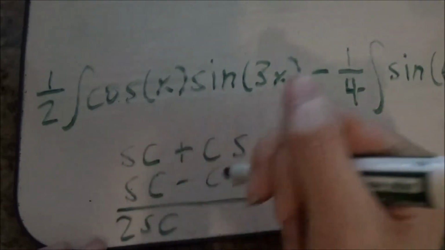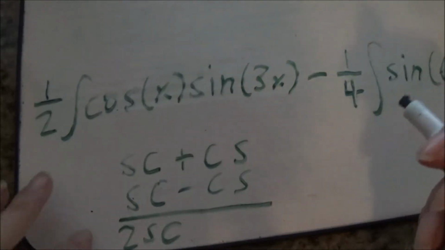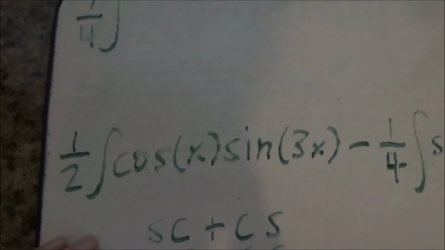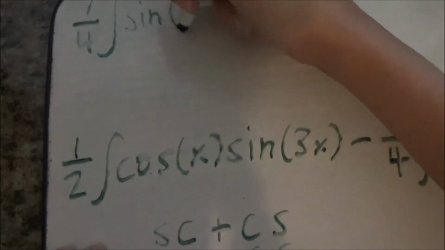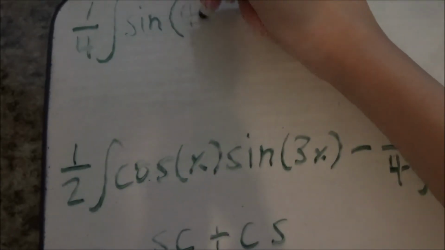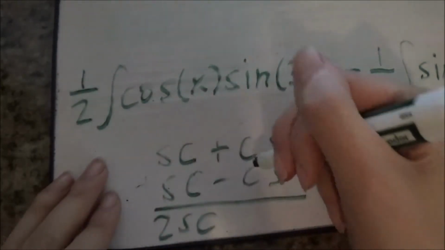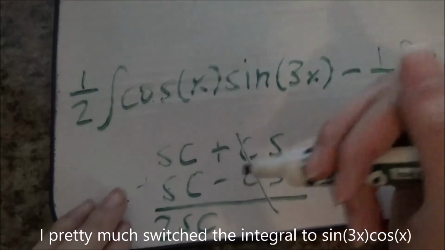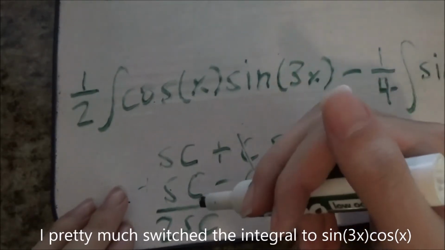I don't think it matters. So it's just sine, sine. So this is just 1/4 of, plus, am I adding? Yes, I'm adding. So this is sine of 3 plus 1, 4x, plus, I'm adding, so that this cancels out. So this is subtracting.